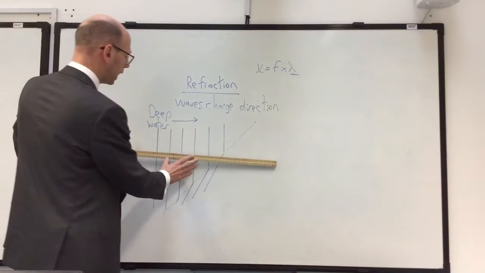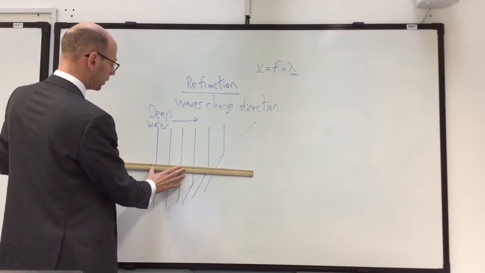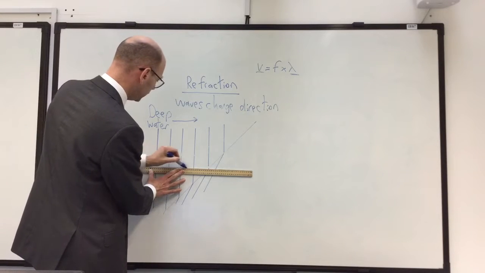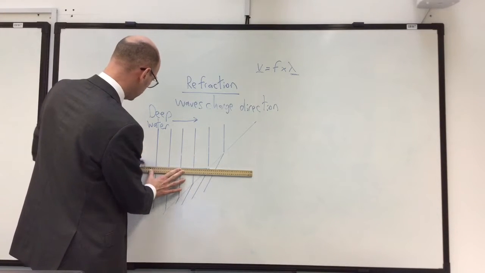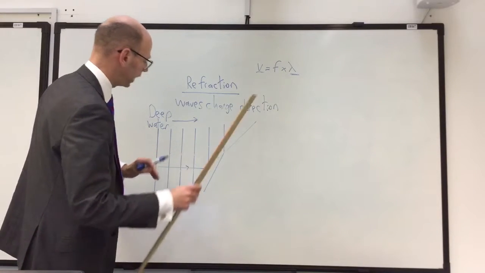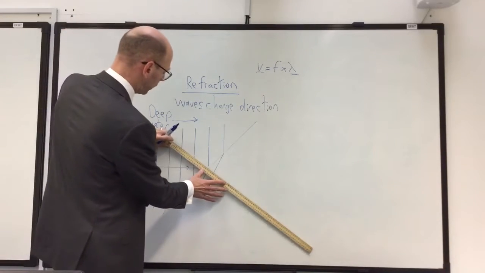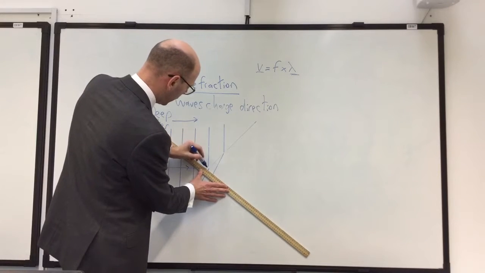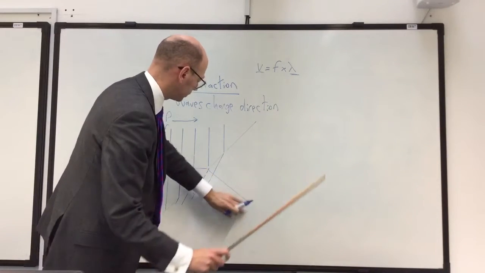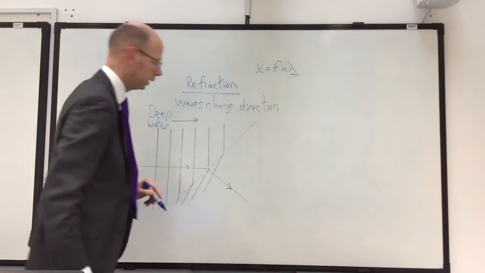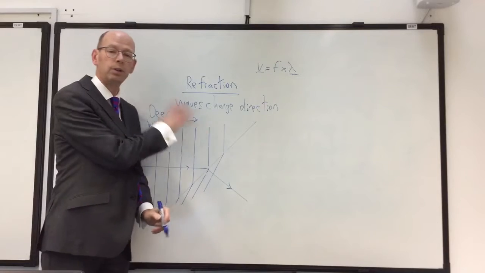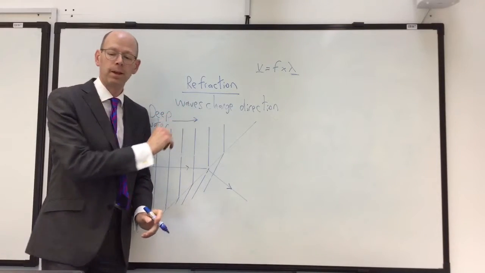So if I was drawing now the direction of the waves, I've got them coming in along this direction here, like this. But once they get into the shallow water, they've slowed down, they've swung around a little bit, and they're now heading off more or less in that direction down there. So this is the phenomenon we call refraction, and it means that the waves change direction.